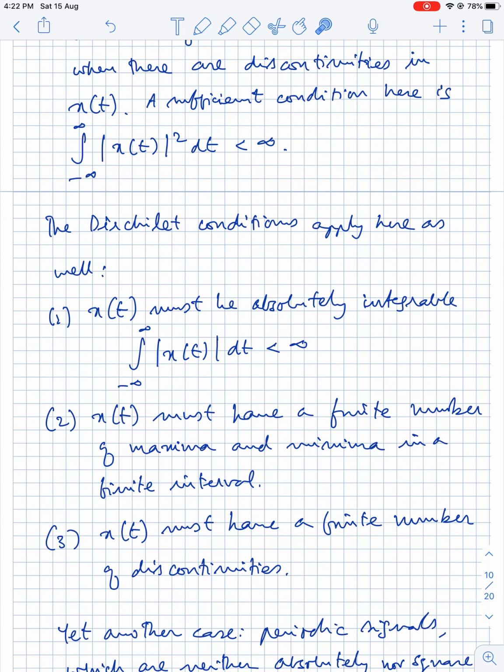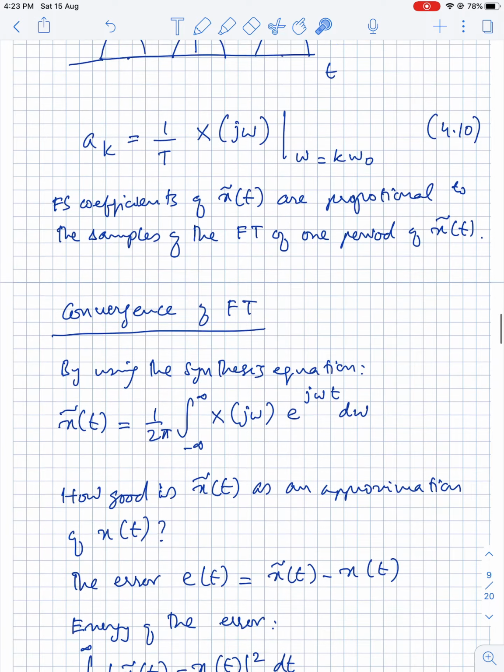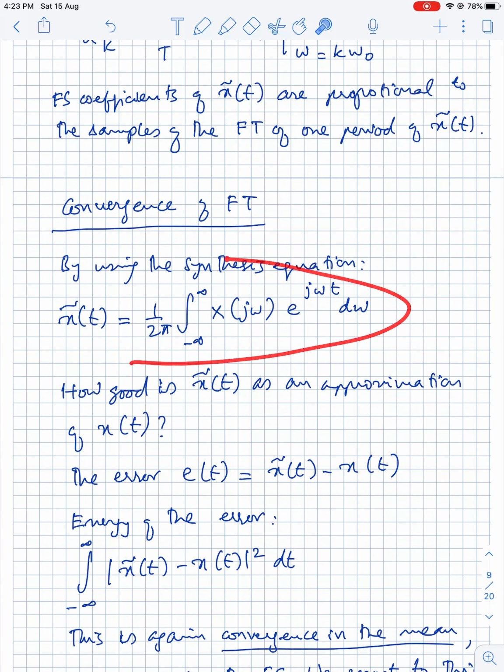If the signal x of t, which we are trying to represent using the inverse Fourier transform or the synthesis equation, satisfies these three conditions and has no discontinuities, then the synthesis equation, that is your x tilde of t, will converge to x of t uniformly.